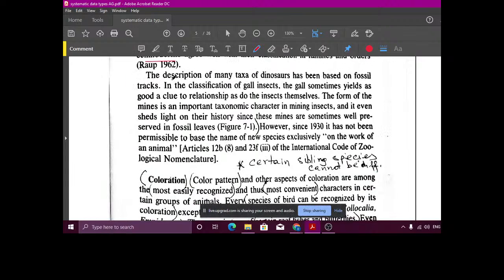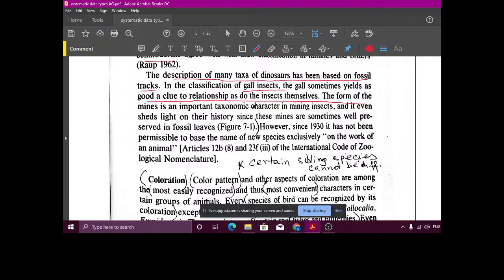Then dinosaurs are classified based on fossil tracks. Then gall insects. Gall insects are insects which form little tumor-like structures on certain plants. That is known as gall. So in gall insects, sometimes the galls yield a good clue to relationship, as do the insects themselves.